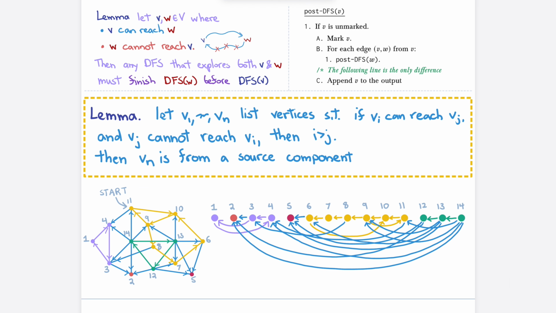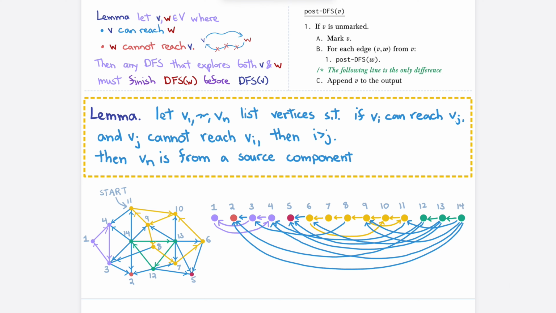Okay, so post-order DFS won't do exactly what you wanted, which is to give you the sink component. It does have some nice properties though. Post-order DFS will always put a vertex from a source component last. But you're really looking for things in the sink. Okay, so now what? Yeah?